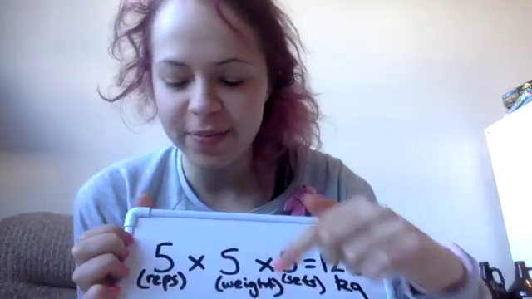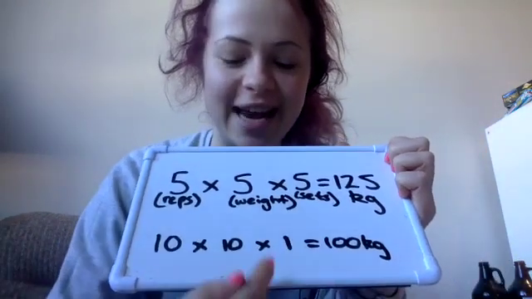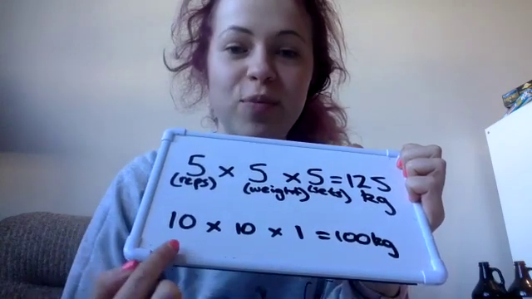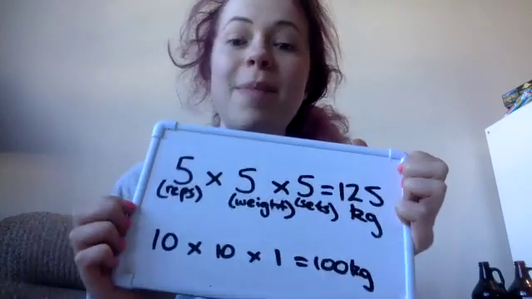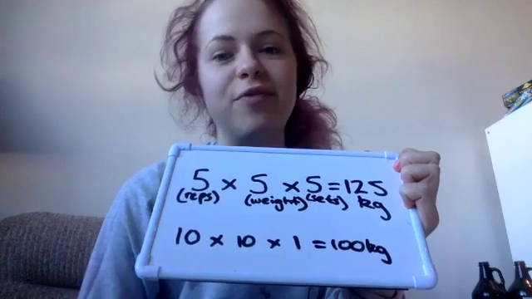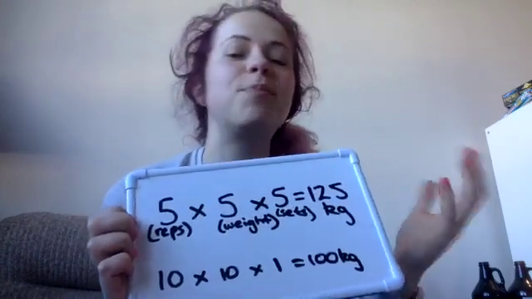Similarly, down the bottom, if I were to do 10 reps of 10 kilos for 1 set, my total training volume, when you multiply all those together, is 100 kilos. So what matters when it comes to building muscle is that final number, your training volume, in contrast to strength, where the most important thing is the weight that you're lifting.